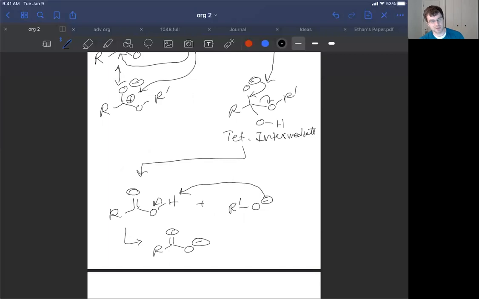But you could work this up and neutralize it. I guess the key is to make sure the H plus is added during workup as opposed to during the actual reaction. If you add it during the reaction, you just kill it. So you're sitting around with the carboxylate until you really clean things up.